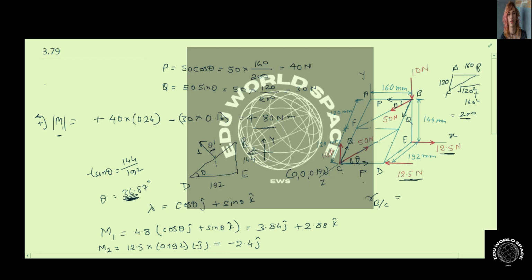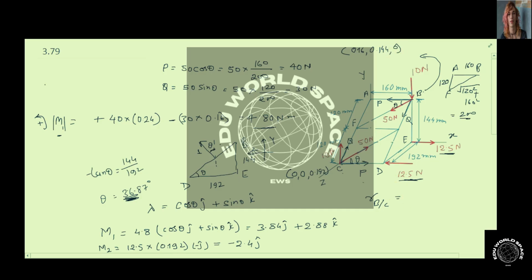Now talking about the coordinate of point B, its x component will be 0.16, y component will be 0.144, and its z component will be 0 since it is in the xy plane.